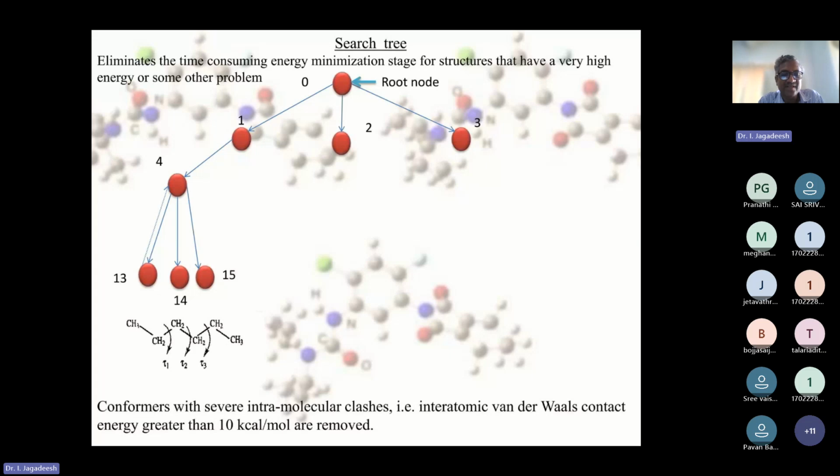So when you fix this as a bar, that is 10 kilocalories per mole, and you remove those, your number of conformations will be less and the time will be reduced by the search tree.